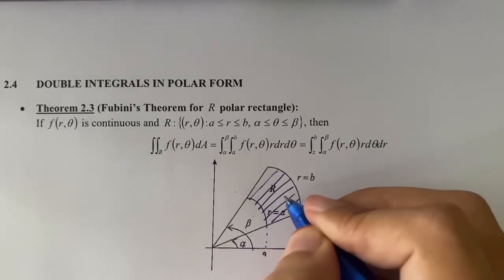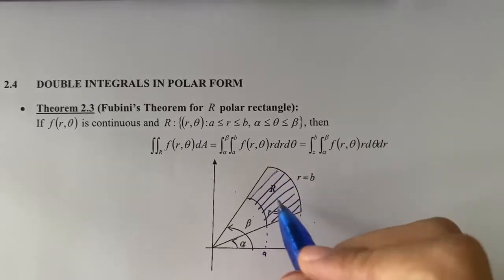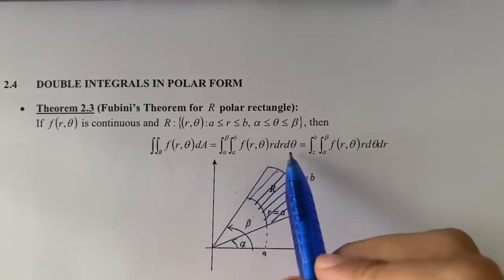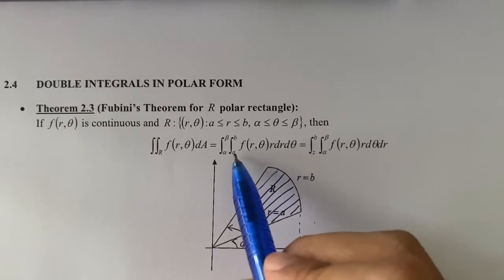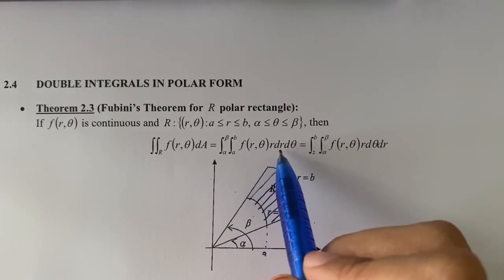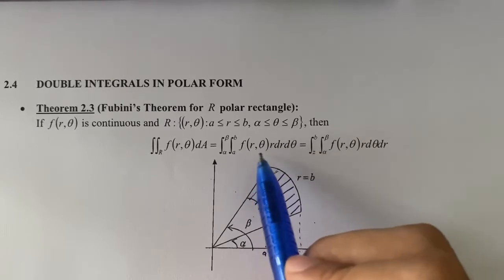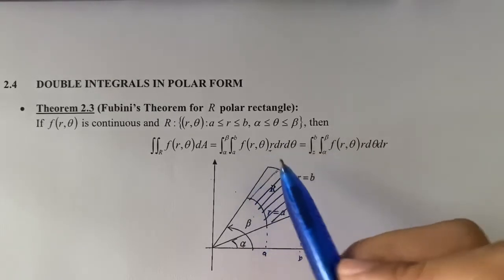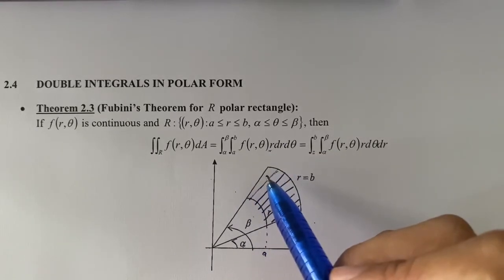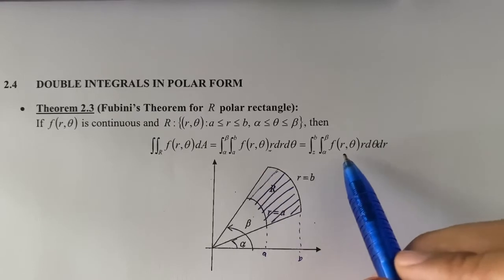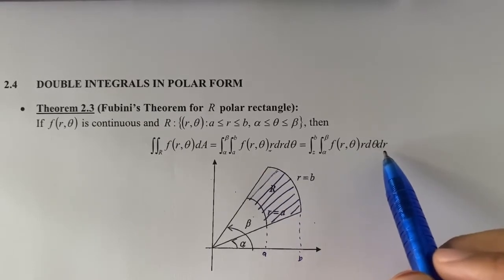So this is the region. To solve for this region, we have the double integral with theta limit alpha to beta and r limit a to b, of f(r, theta), the function, and then we have an extra r here. Our dx dy now is r dr d theta, or you can write it as r d theta dr.